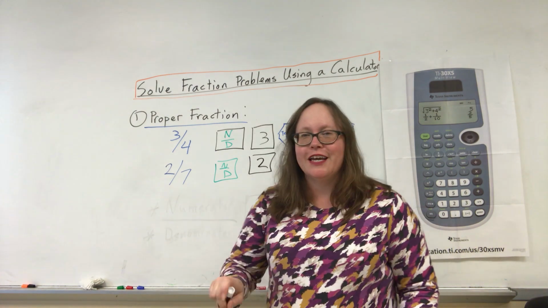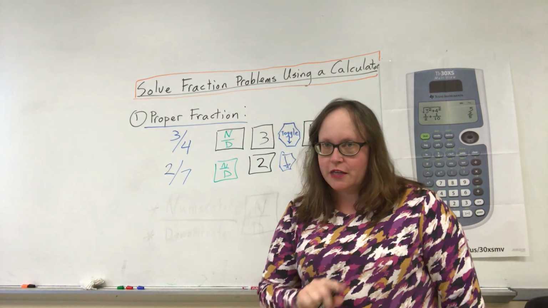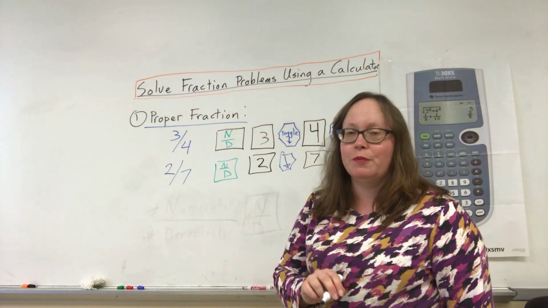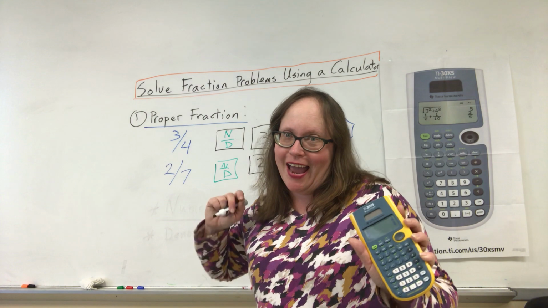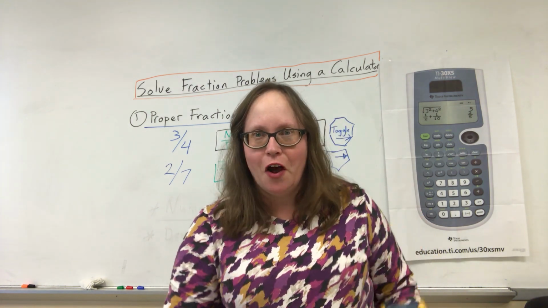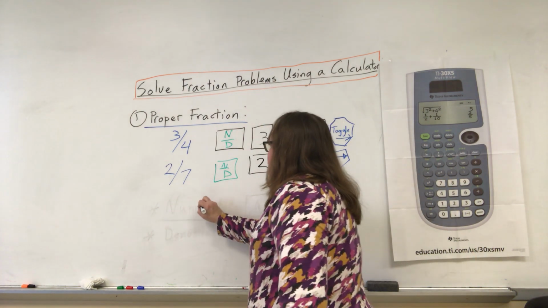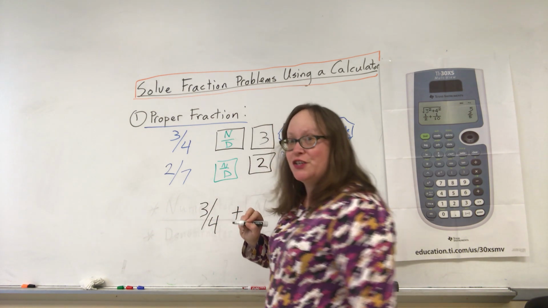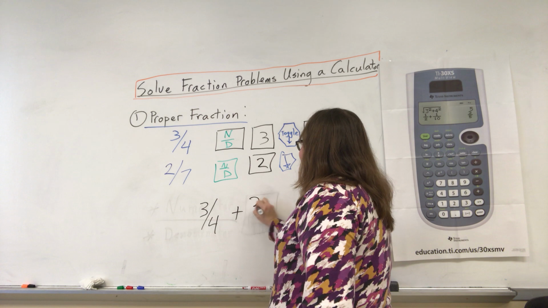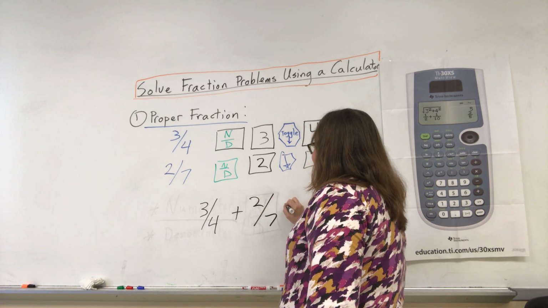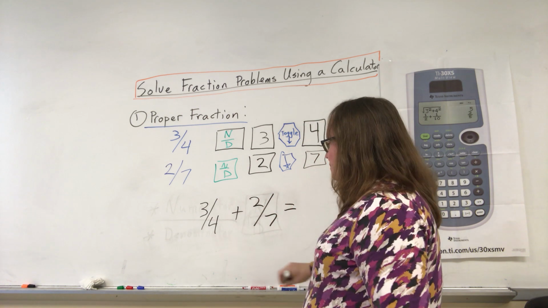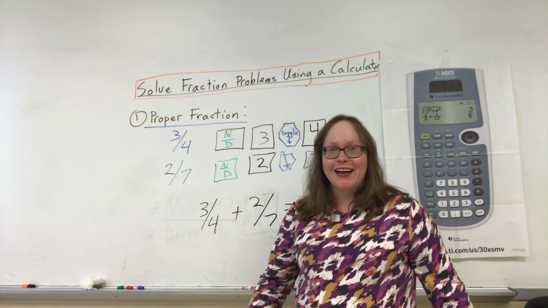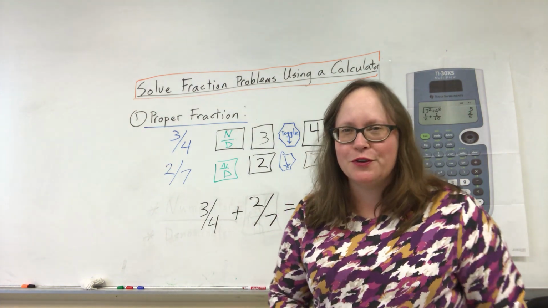All right, friends, here's what you're going to do, because now you're comfortable with it. I want you to put this problem into your calculator and enter and solve it. 3/4 plus 2/7. And then equal. Can you put it in your calculator? Go for it. I'm going to try it too.